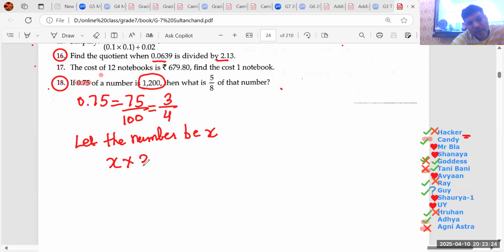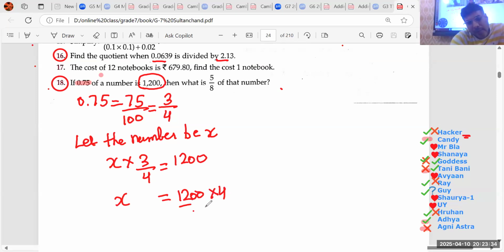X times 3 by 4 is 1200. So your number x will be equal to 1200 times 4 divided by 3. Division will become multiplication, multiplication will become division. Your number will be 1600.